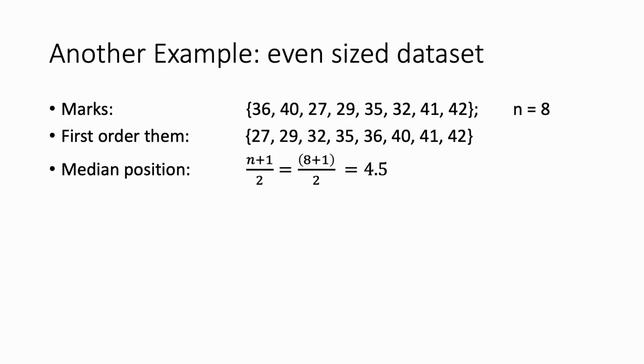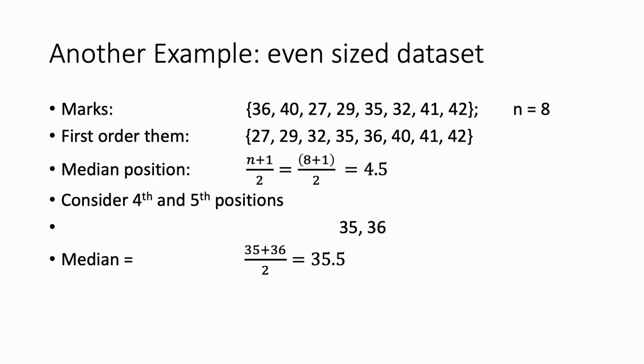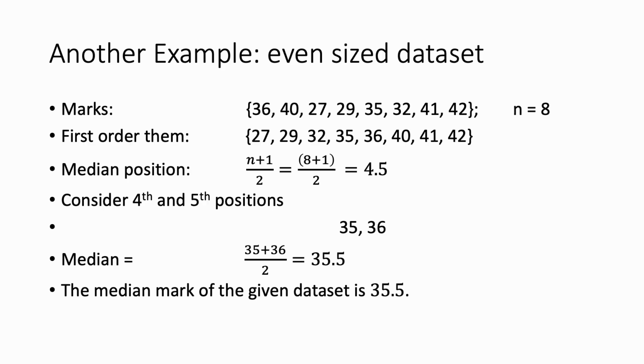So the median position is between 4 and 5. So we consider both the 4th and the 5th positions, where we find the values of 35 and 36. To find the median value, we calculate the average by adding the 2 and dividing by 2. And so the median mark equals 35.5 for the given data set.